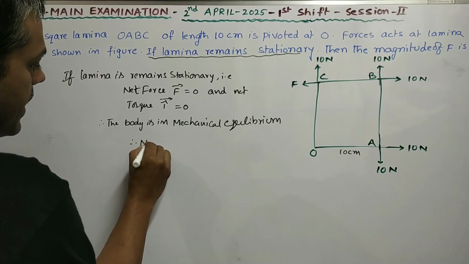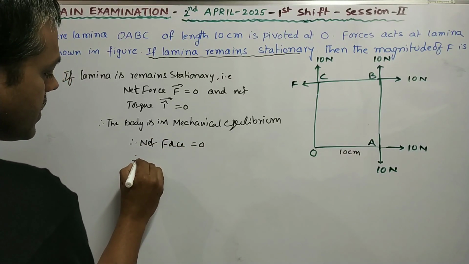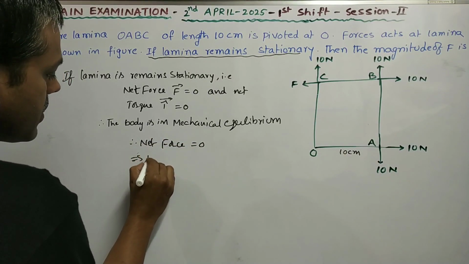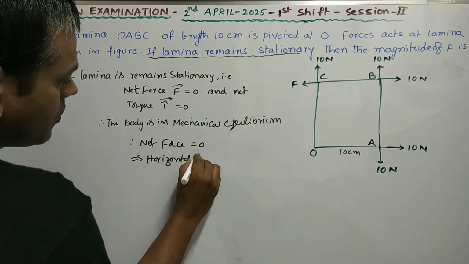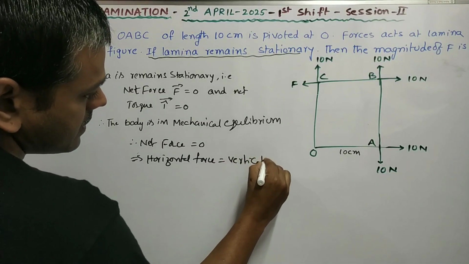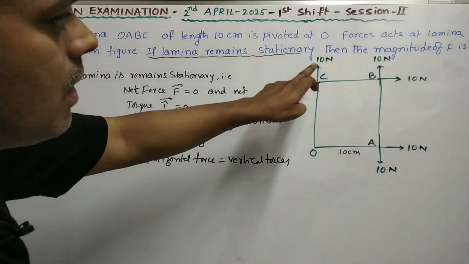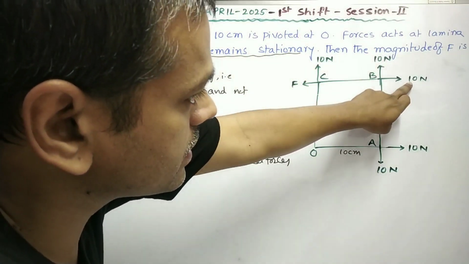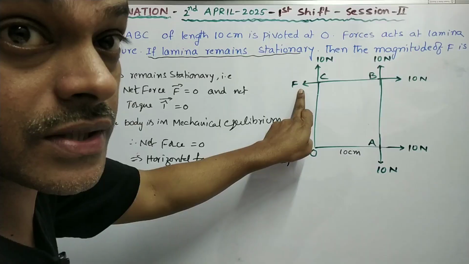Therefore, net force is equal to 0. That implies horizontal forces are equal to vertical forces. To see what the horizontal forces acting on the body are: 10 Newton acts towards the positive, F is acting towards the negative.